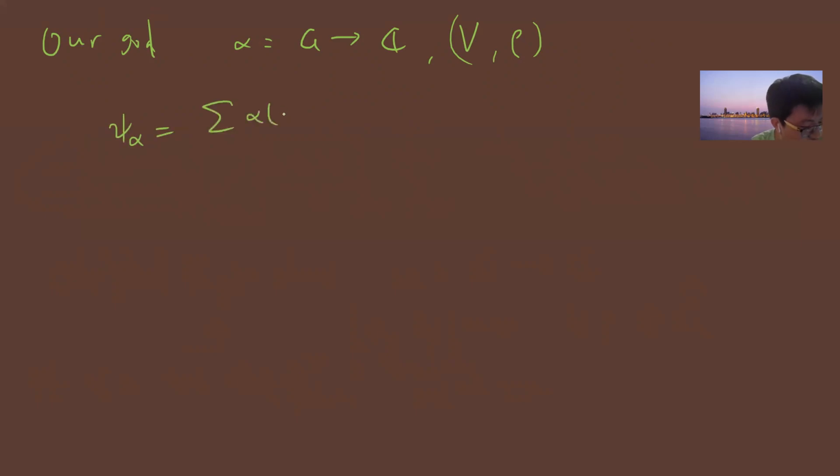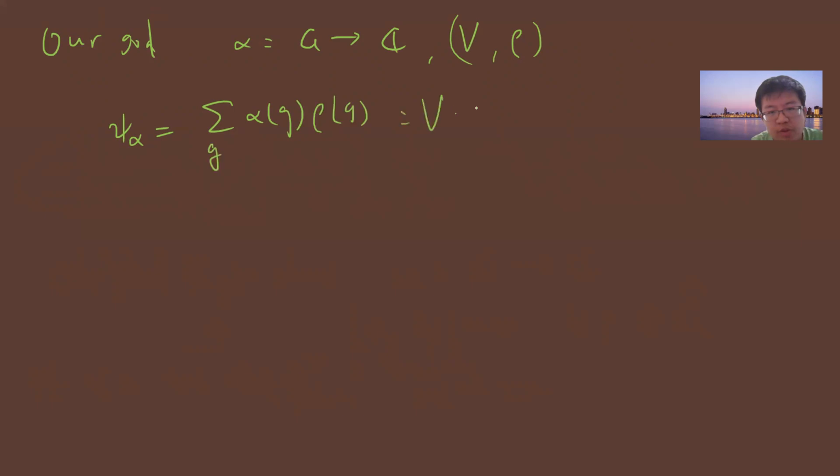Okay. Our goal is: suppose that we have some class function alpha, and for any representation, let's say rho and V, one can define a map phi alpha, which is defined to be the sum over g of alpha of g times rho of g.